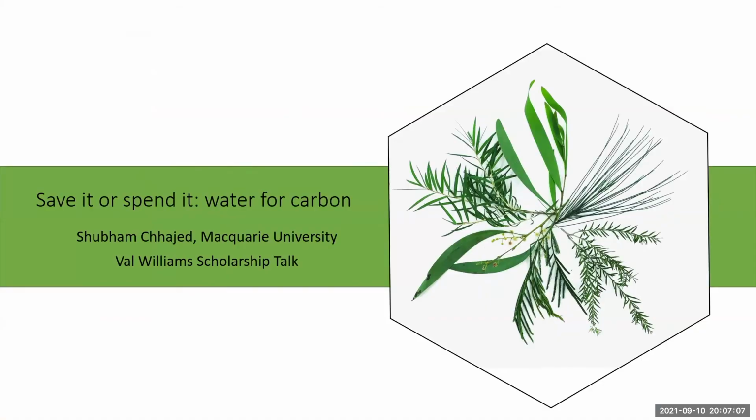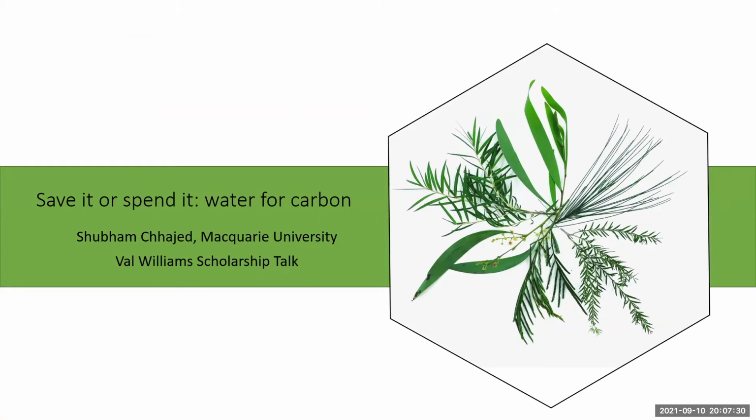So, like Sue mentioned, my focus is on looking at how plants manage their water budgets. Basically, different species of plants all use the same resources for photosynthesis: carbon dioxide, water, nutrients, and sunlight.